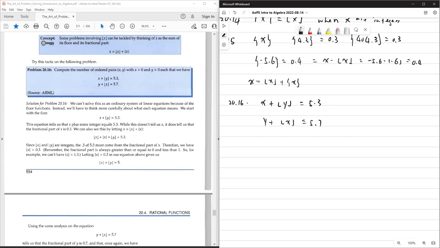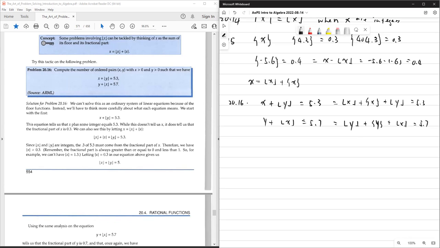We know x equals floor of x plus decimal part of x. So this means we have floor of x plus decimal part of x plus floor of y equals 5.3. Over here we have floor of y plus decimal part of y plus floor of x equals 5.7. Now the floor of x plus floor of y is the same in both.